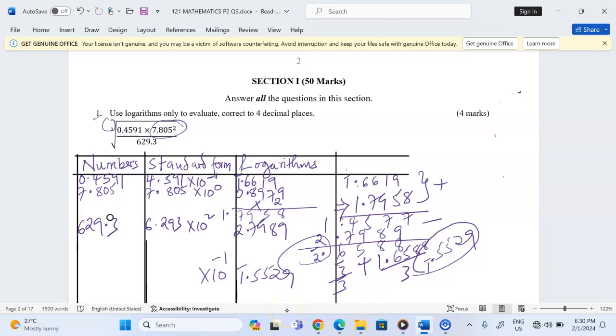Then we look for the anti-log of 5529, shift logarithm. This gives us 3.5572. When we work with the 10 to the power of negative 1, it becomes 0.3572.